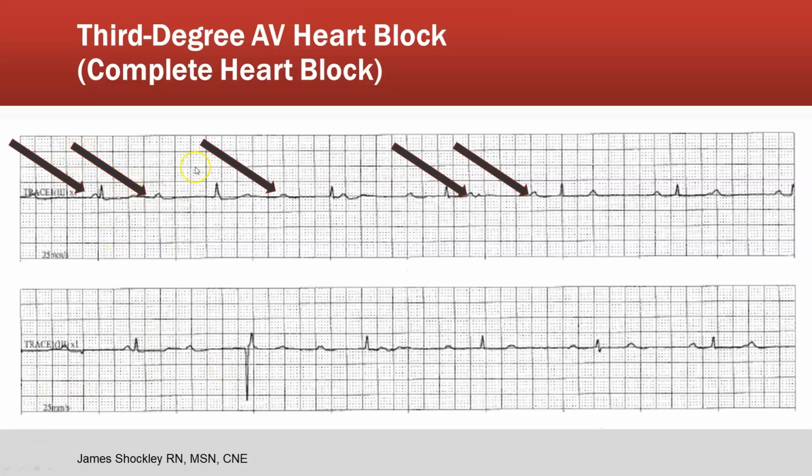So the nice arrows point out the P waves. If you look down in the second one, you can try to find those on your own, and you can see that there isn't a significant ventricular response. It looks like their heart rate is 30, 40, 40s to 50s-ish still.